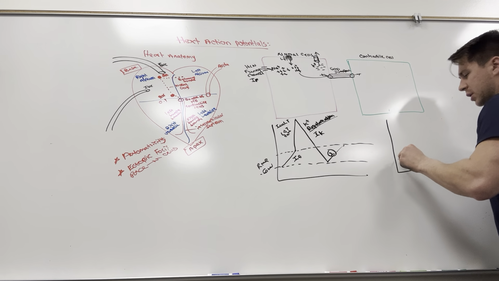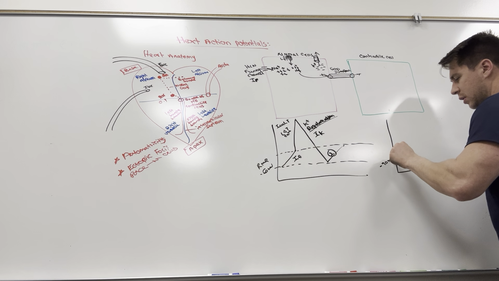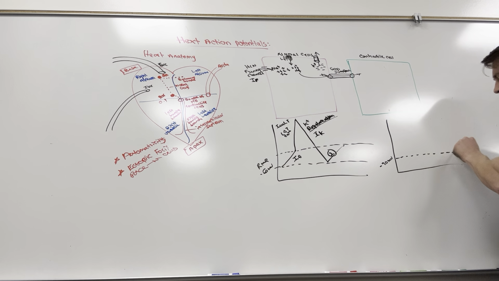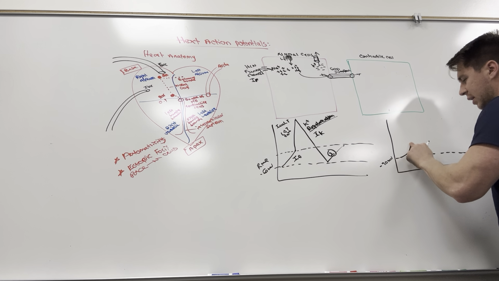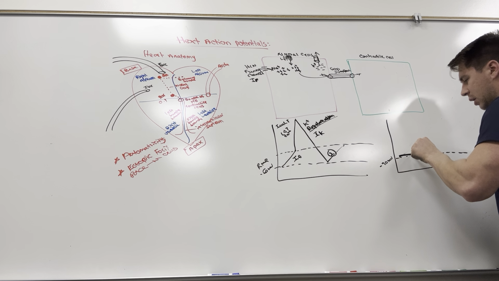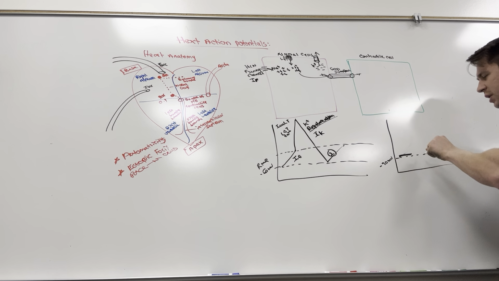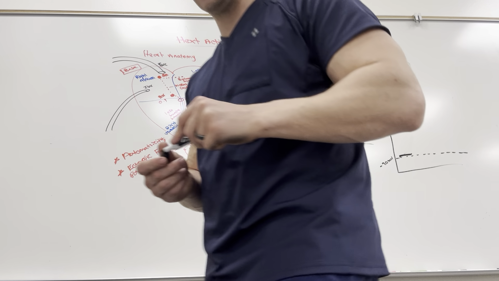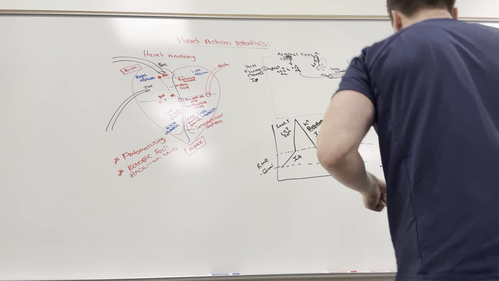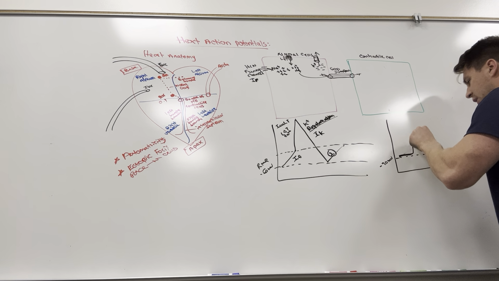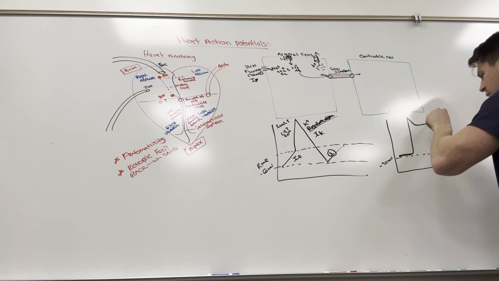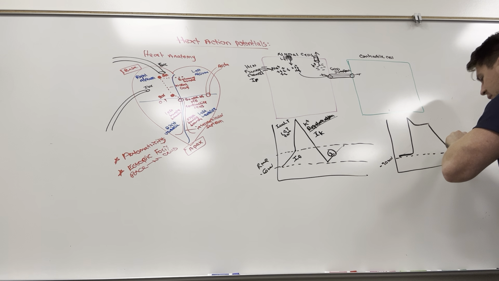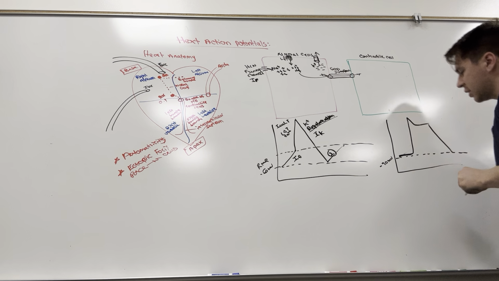So how this one works is we're at negative 90 millivolts. We have this action potential that occurs right here. We have this straight line, and then all of a sudden we get this spike that shoots us straight up, and then we come down and plateau, and then we have that repolarization back down.